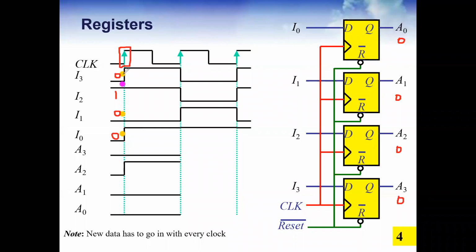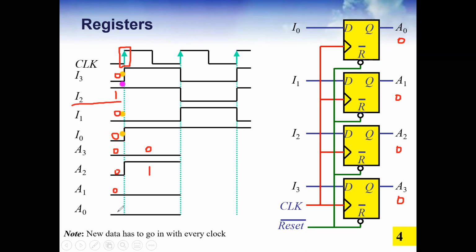So you see here, A3 was 0, so A3 is still 0. Now I2 is 1, so its value changed to 1 now. You see this one. Before, all flip-flop states were 0, 0, 0, 0. Now it's changing as per the input.